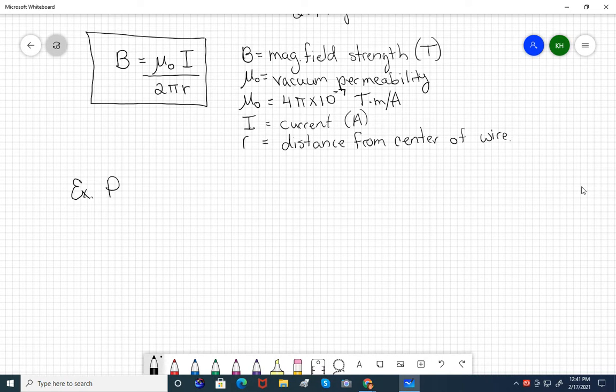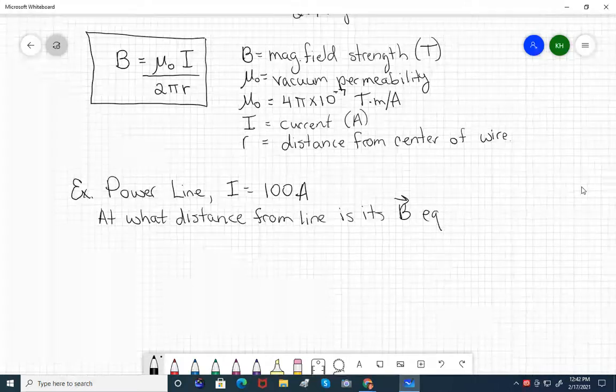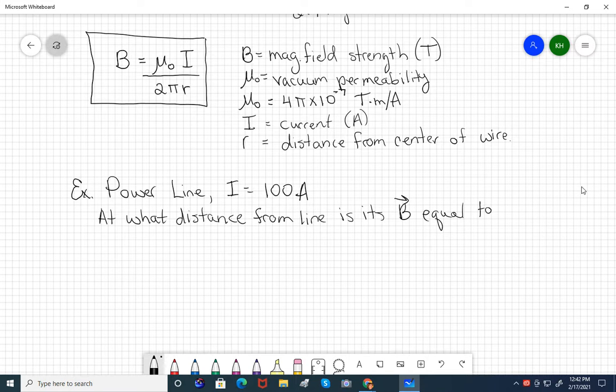Let's do a quick example. Suppose we have a power line carrying a current of 100 amps. And it wants to know at what distance from the line is its magnetic field equal to Earth's magnetic field.